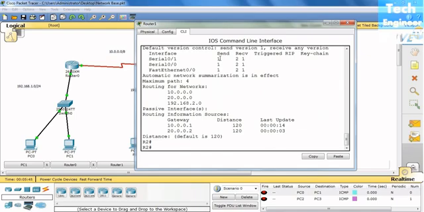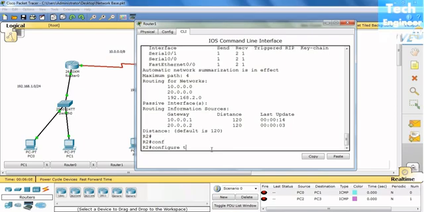But during subnetting, this might cause problems in your network, because in subnetting it doesn't matter what IP address we put, we just believe in our subnetting. That's the reason nowadays version 2 is running more than version 1.